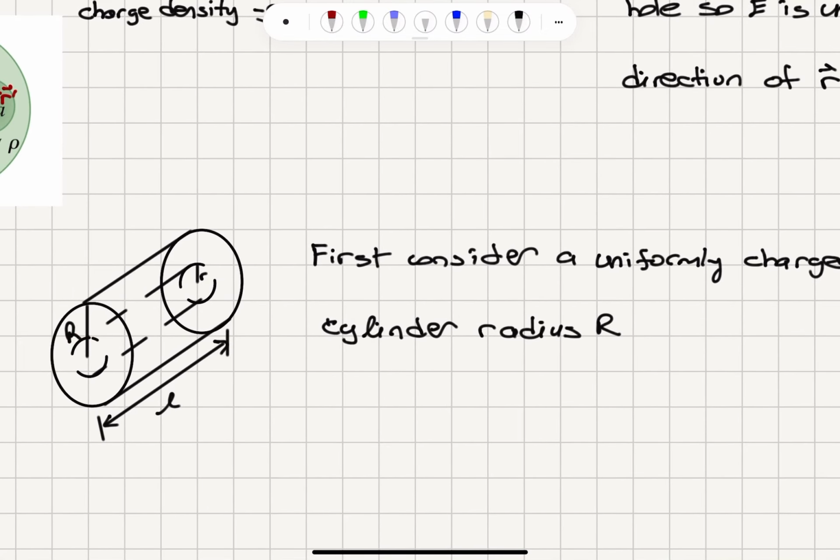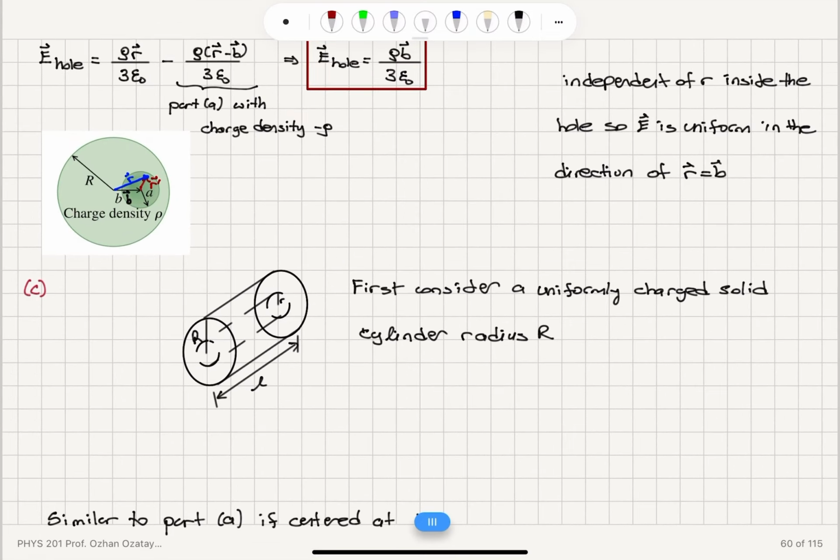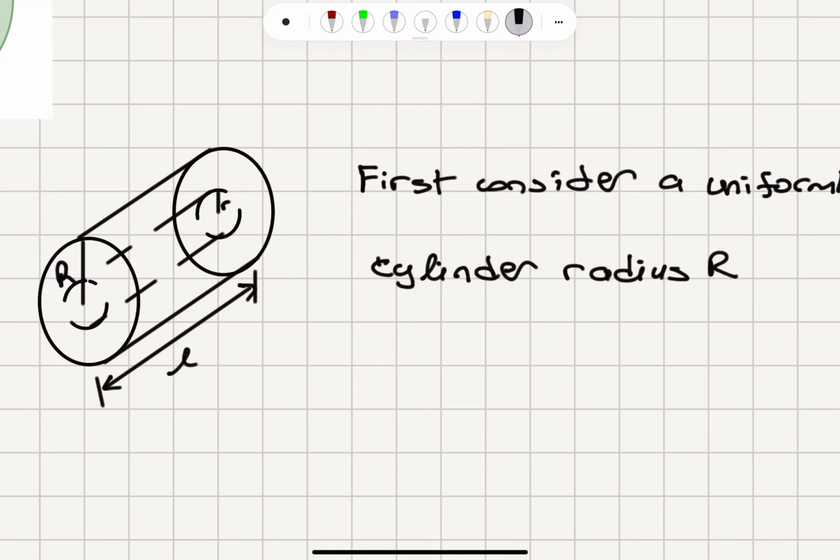So that's what I have here. So I take a Gaussian surface with radius r less than capital R, a cylindrical Gaussian surface, in order to calculate the electric field. And then I write Gauss's law, closed surface integral E dot dA. Because the electric field vector will be pointing radially outward here, it's going to be parallel to the area vector.